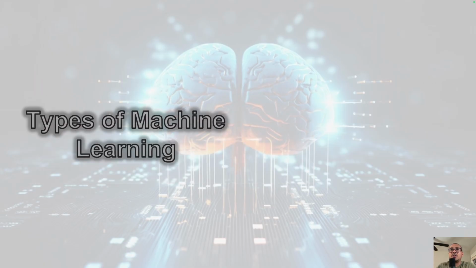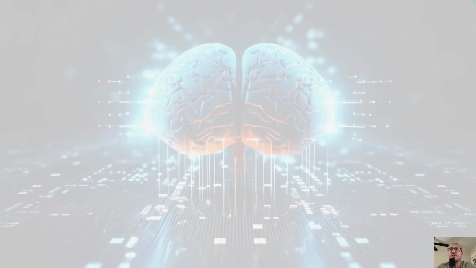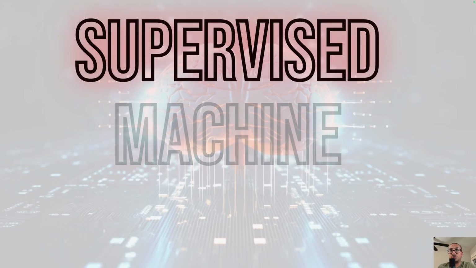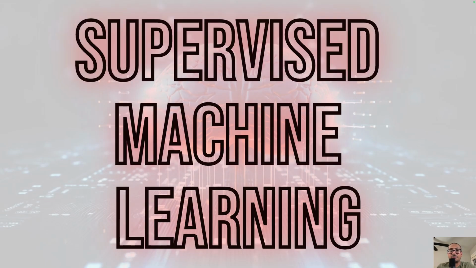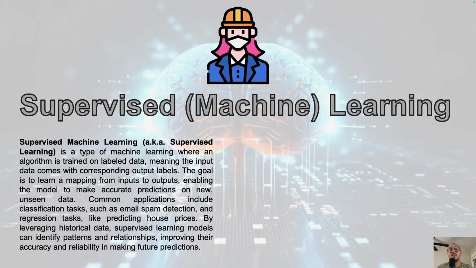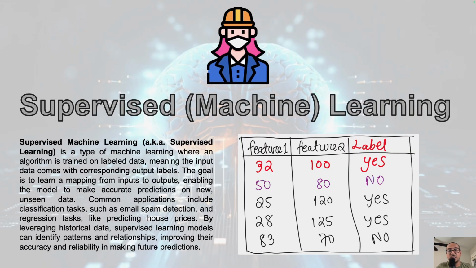Let's start by understanding what the different types of machine learning are. The very first type of machine learning we are going to talk about is supervised machine learning, or supervised learning. Supervised machine learning is a powerful type of machine learning where the model is trained on labeled data. This means the input data already has the correct answers or labels attached to it.